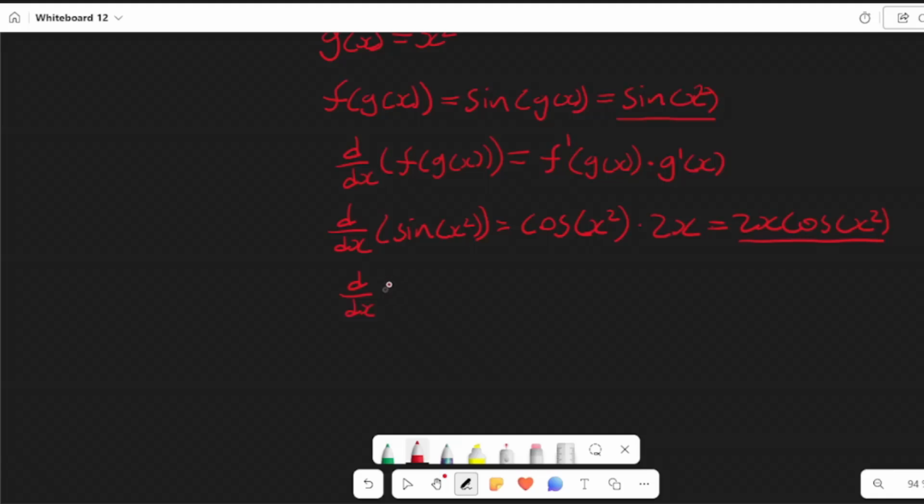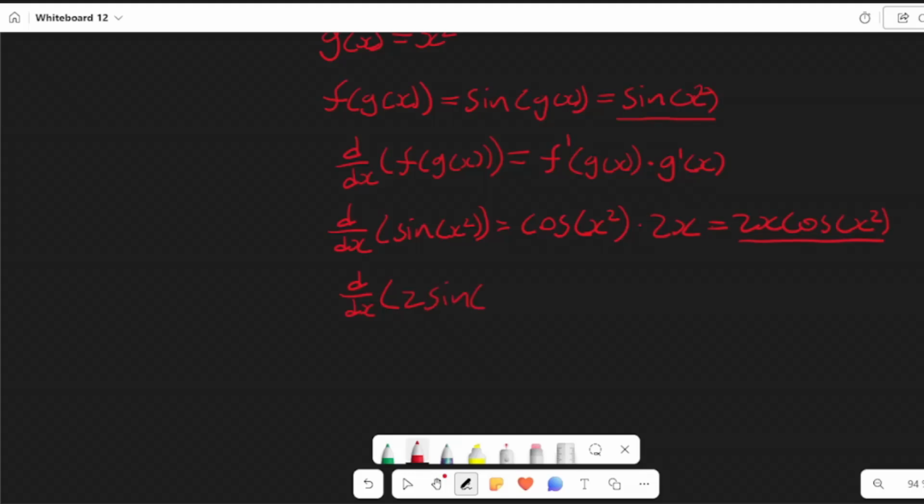So let's say we have 2 sine of x, let me think.